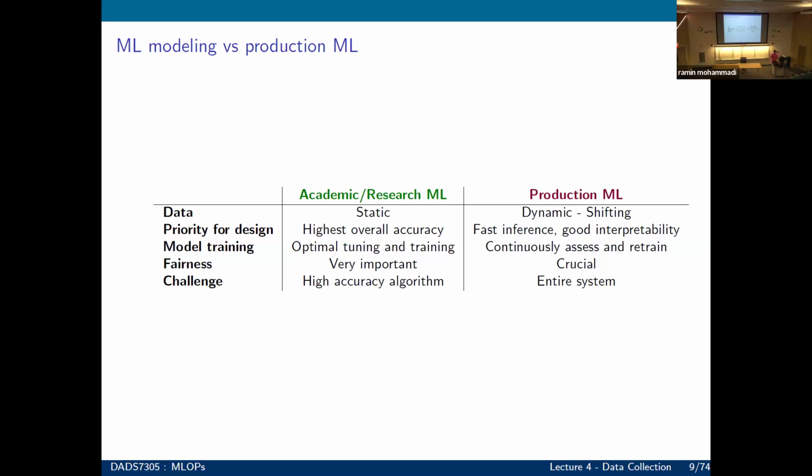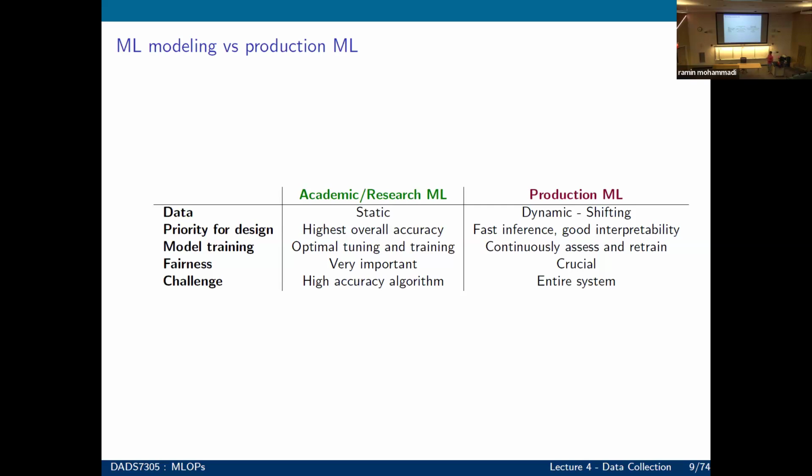So you want something fast that also has good accuracy, but you don't want optimal accuracy the way it's done in academia. For model training, instead of optimal tuning and training, you focus on continuously assessing and training. You want the pipeline to be able to detect drift and retrain itself.